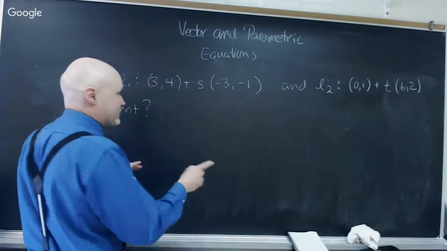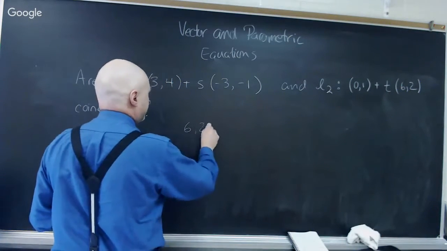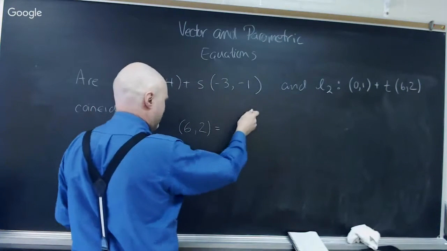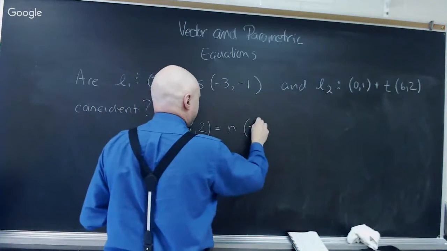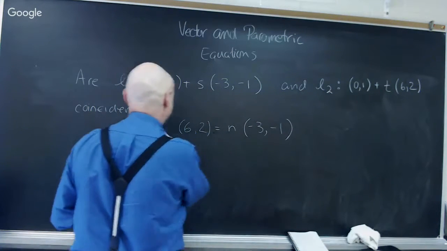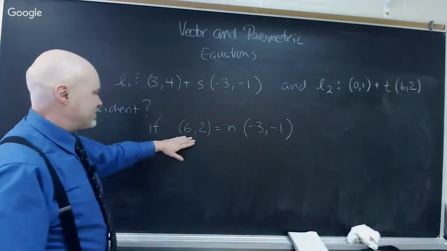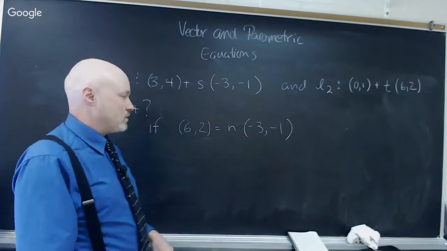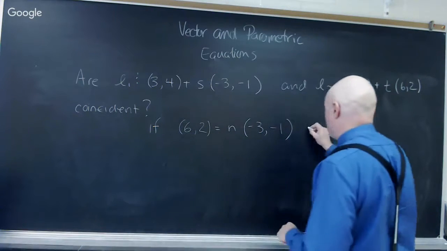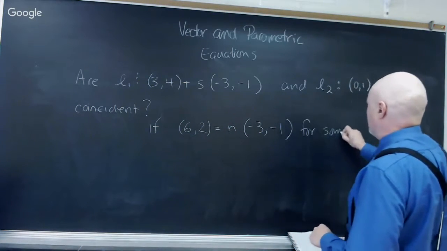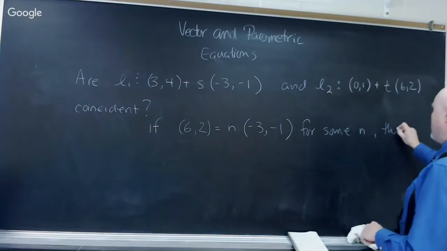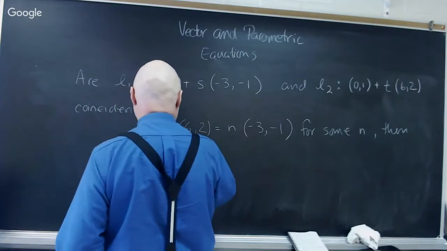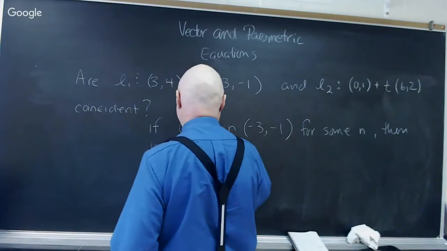If 6 and 2 is equal to some number, let's call it n, times -3 and -1, then the direction vectors are parallel.